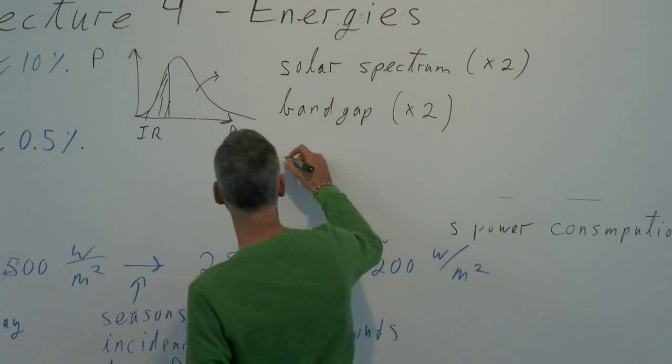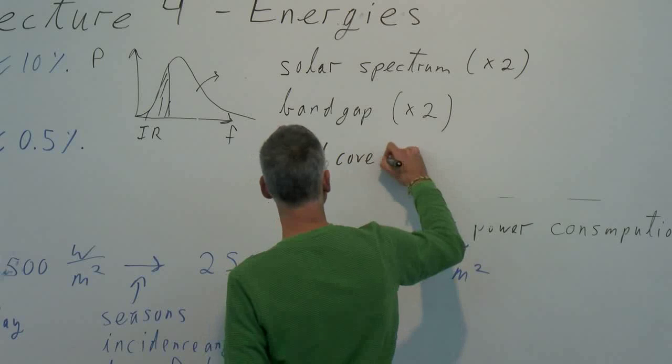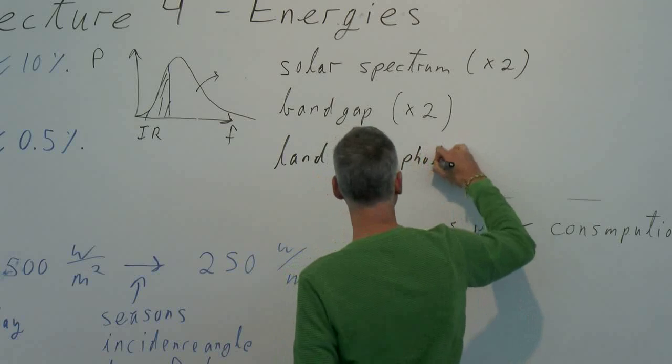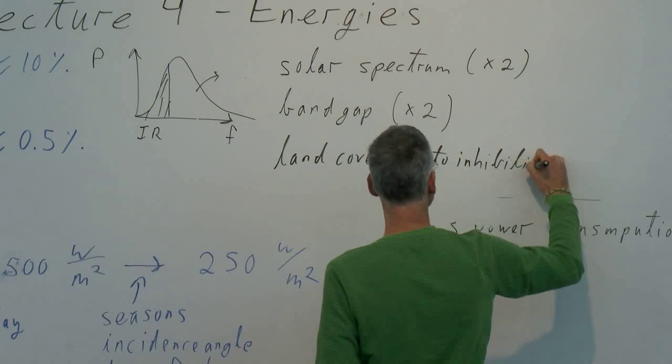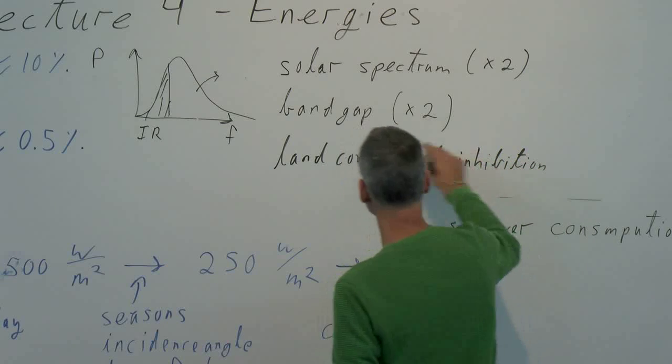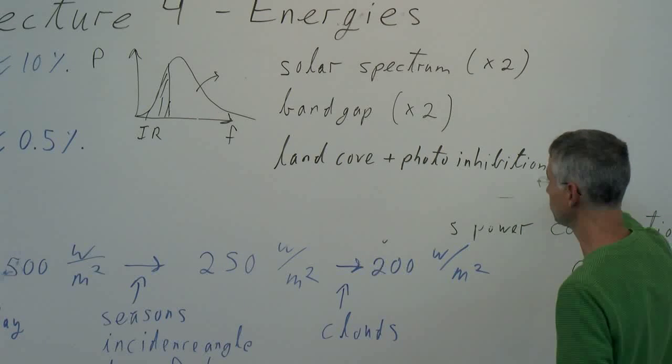So these two things together, the land cover plus the photoinhibition, could be two very significant factors of, I don't know, roughly like a 5-fold or something like that you might lose.